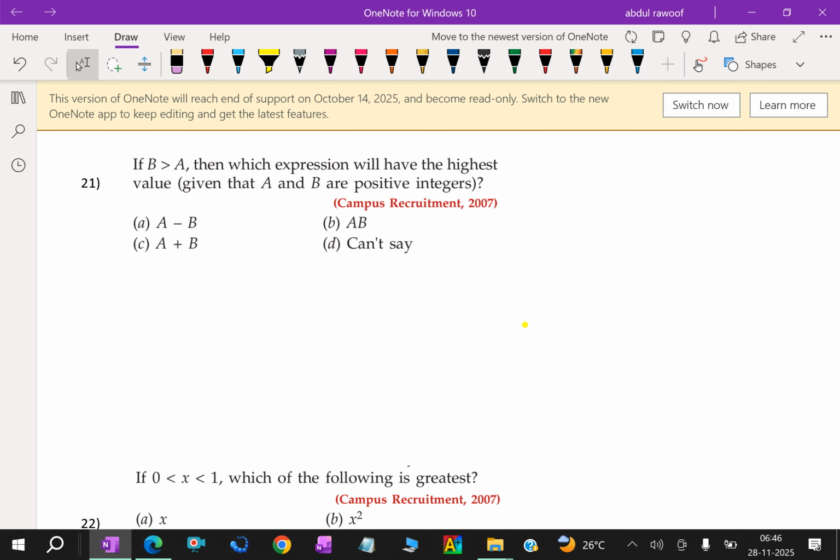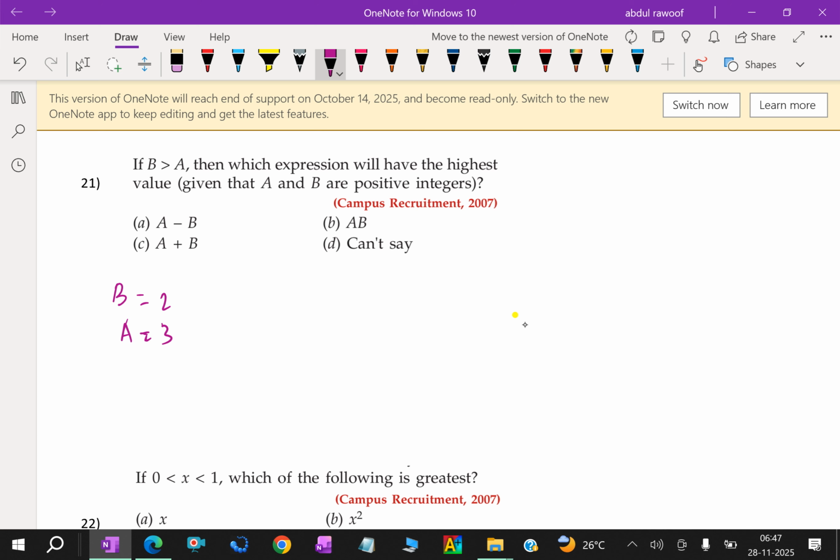Here, b is greater than a, then which expression will have the highest value? Suppose we take b is 5 and a is 3. Here a and b, which expression will have the highest value? Then a and b are positive.